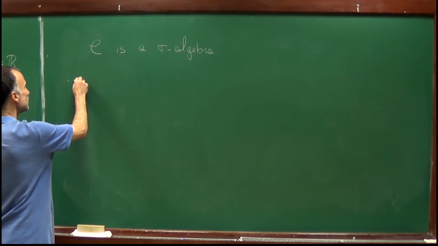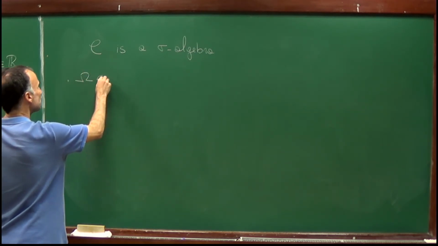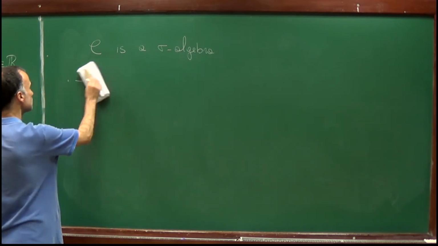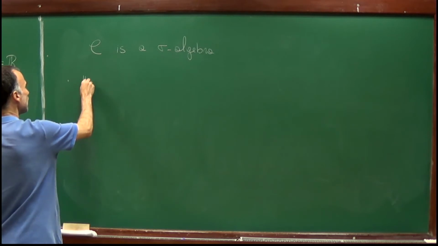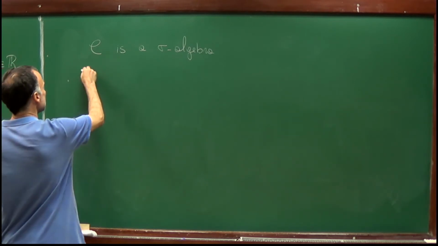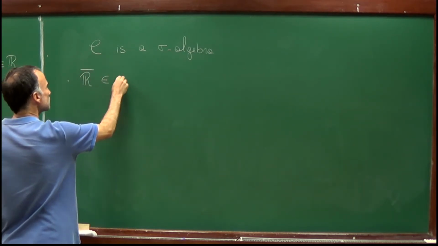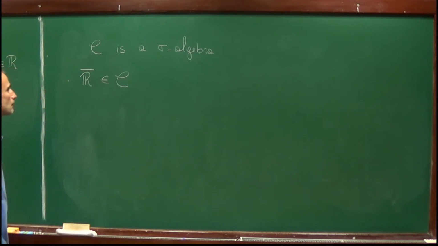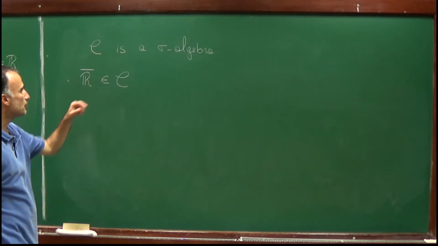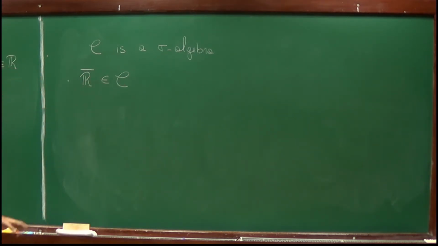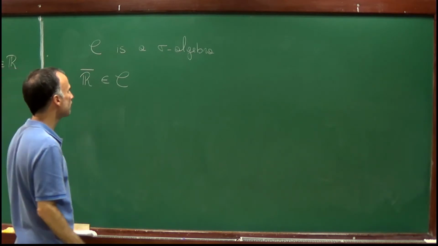The first one is that R extended belongs to C. Well, R extended is certainly an element of the extended Borel sigma algebra, so this is one fact.